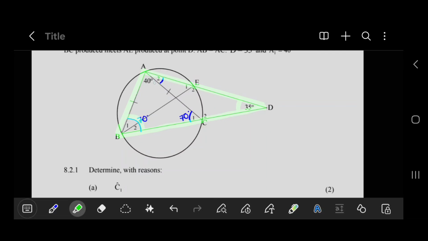If you look at angle A, you know A1 is 40 degrees. So what we can do is, we can minus all of these angles from 180, and we'll be left with A2. We can say angle A2 is equal to 180 minus 35 minus 70 minus 40, and we'll be left with A2. So let's write that down.